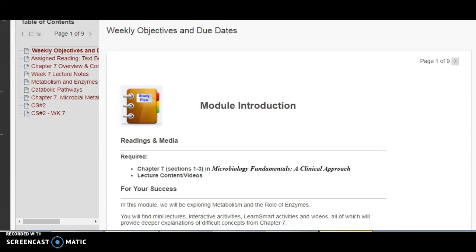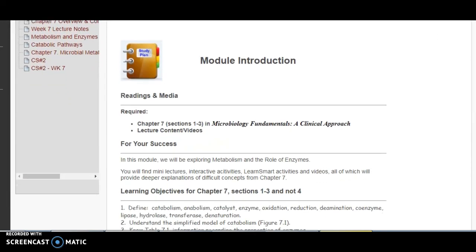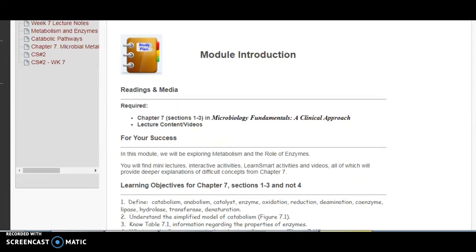All right, so a couple of different things. You have chapter 7 to read, and we're actually only going to go through sections 1 through 3. Section 4 is relatively short, and some of the material overlaps with what we've had, and it's actually a little difficult to specifically pull some information out of that part. So the meat and potatoes part of the chapter are sections 1 through 3.